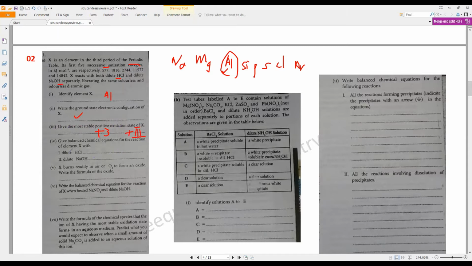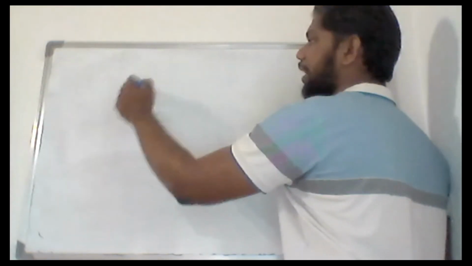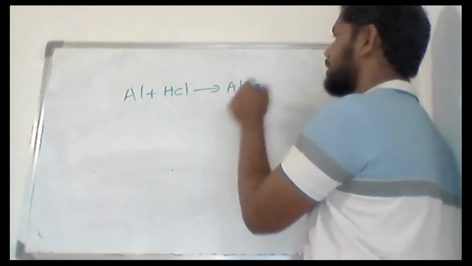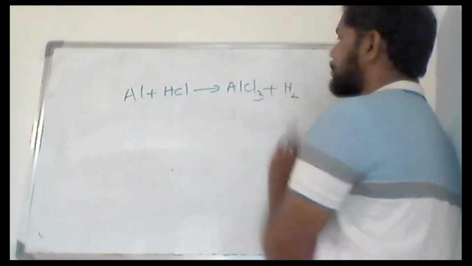Then you have to give the balanced chemical equation. So we will write down the equation here. Basically, aluminium with HCl will form AlCl3 and H2.